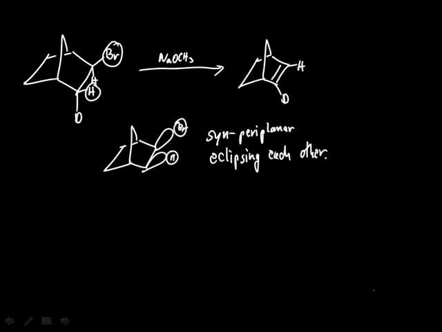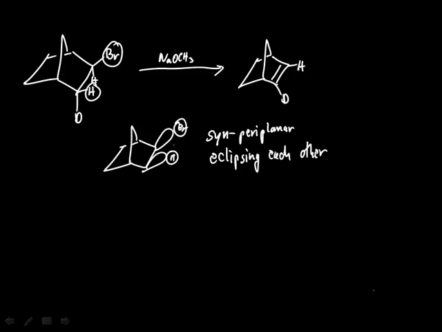Now you might say, well, eclipsing interactions are unfavorable, so why would this happen in the first place? The reason is that this bridgehead compound already overcame its unfavorable eclipsing interaction. The compound has to have the eclipsing interaction. It's not stable, but since it's already formed, it's there.